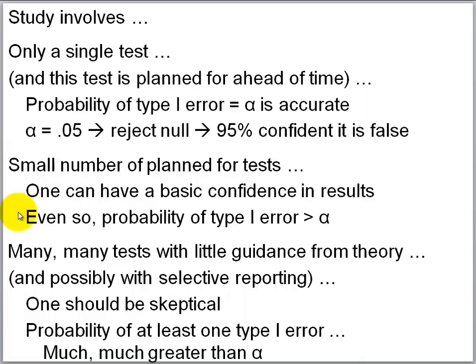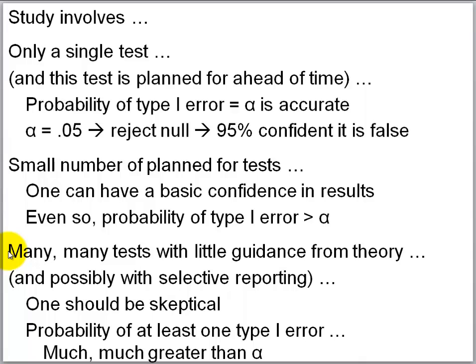But because several tests have been conducted, the probability of a type 1 error on at least one of these tests is indeed greater than the selected significance level. So even in this situation, you should have some skepticism about results.